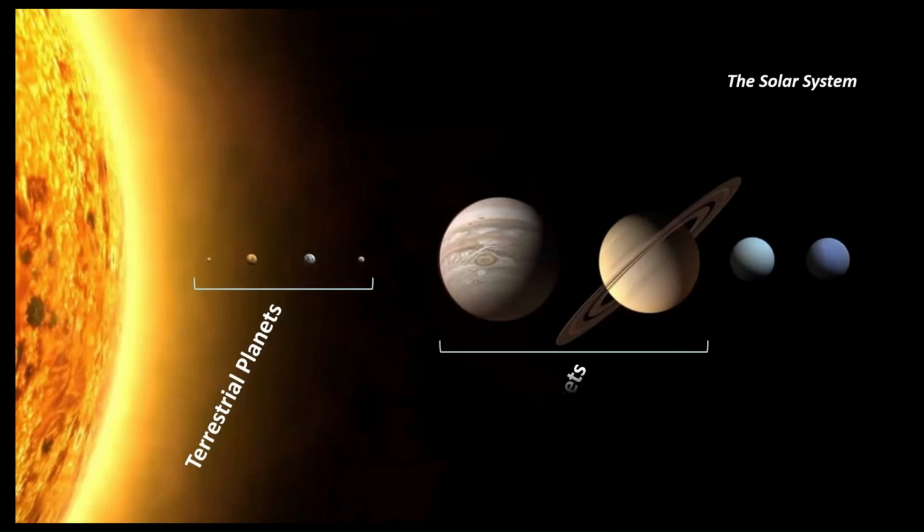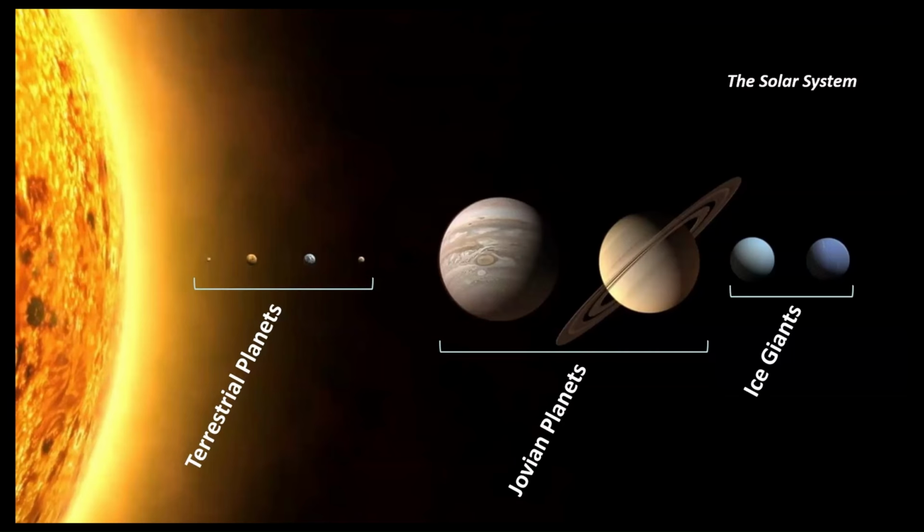So now we'll explore the other two types of planets in the solar system, generically called the gas giants. But we now know that Jupiter and Saturn are kind of different from Uranus and Neptune. So we refer to Jupiter and Saturn as the Jovian planets, the more Jupiter-like planets.